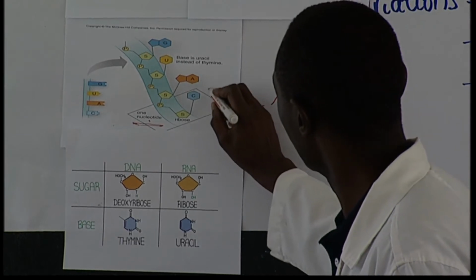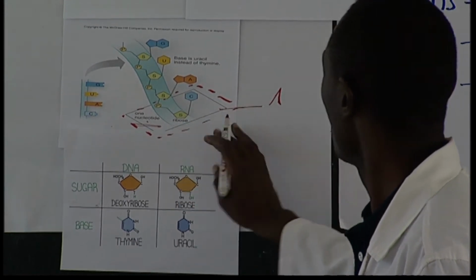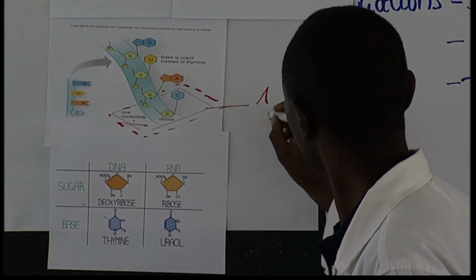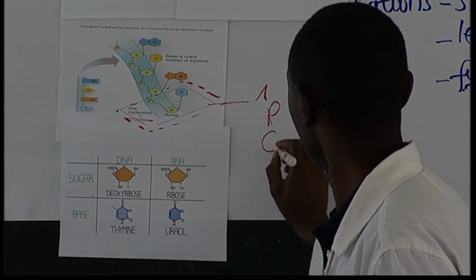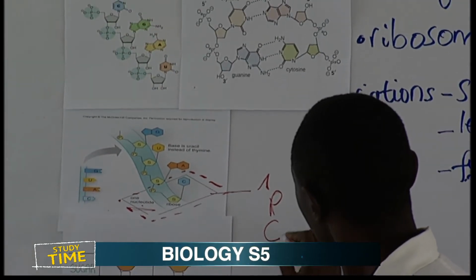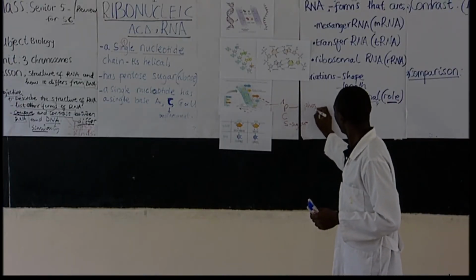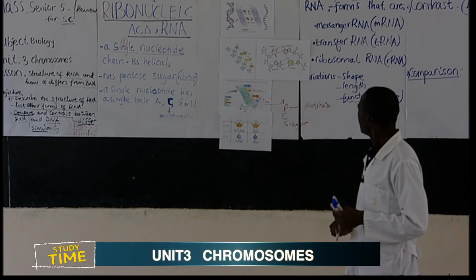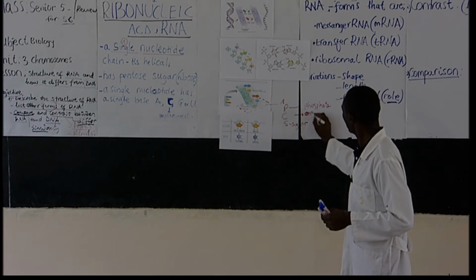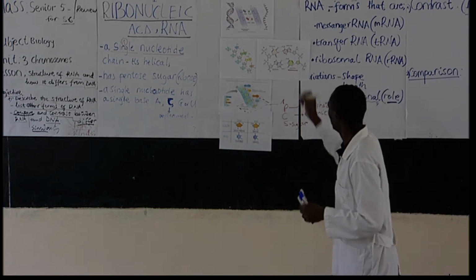So this component, as you can see the way it makes a demarcation of one of the structures along here, we have a P, a C, and an S, where S stands for sugar, P stands for phosphate, and then we have this as our organic base, which in this case would be cytosine, as you can check here.